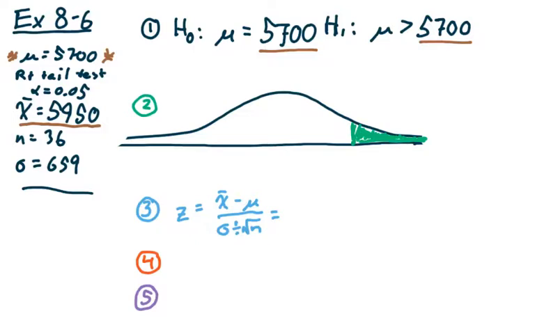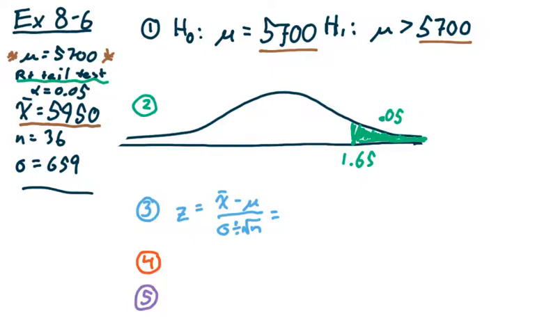Because it is a right-tailed test. And the area underneath this section of the curve is going to be exactly 0.05. And so here we'll apply standard methodology using table E, that's our standard normal distribution table.